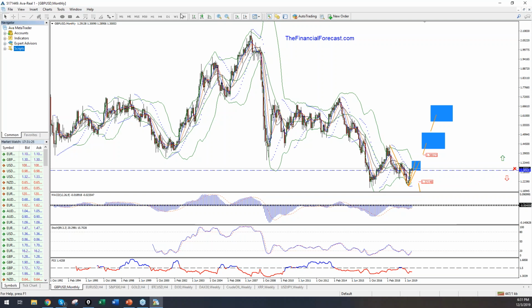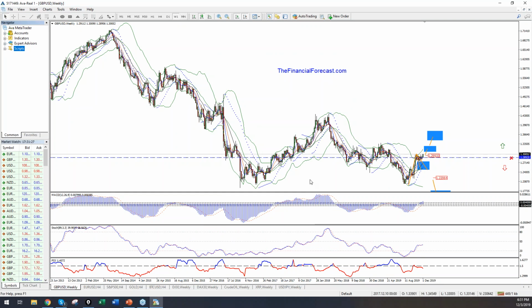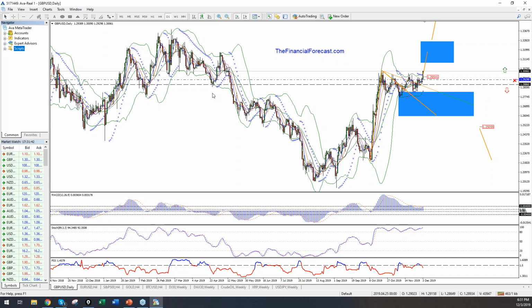But maybe we move to the weekly. Here we can say it's an uptrend. Here I can say it's sideways based on the graphic. If we move to daily, here I can say it's an uptrend. So that's why it's super important: there is not one unique trend.